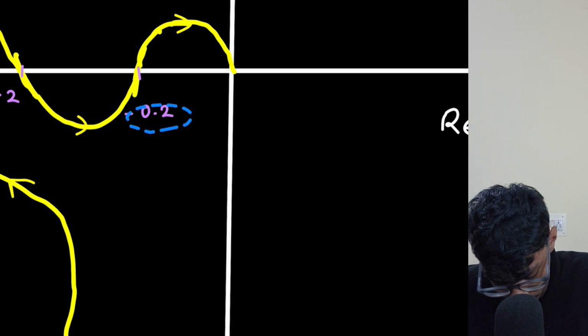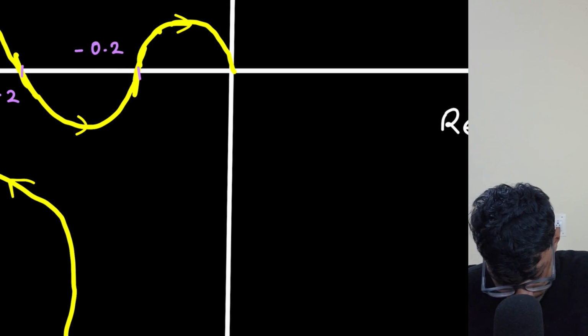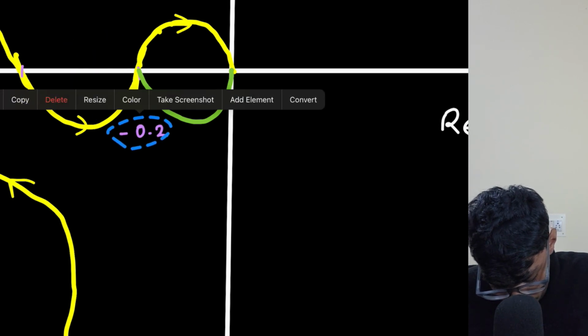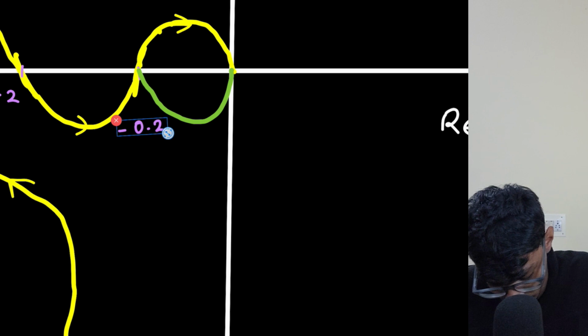This will be difficult. Everything is difficult nowadays. So this is the polar plot. Now I'll just keep this one here. Just understand that this is the intersection of these two.